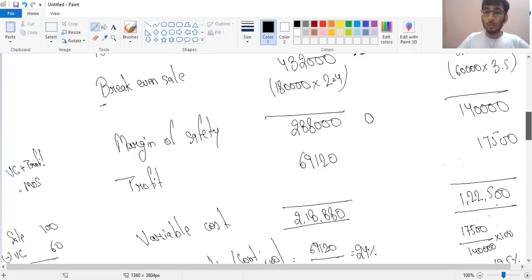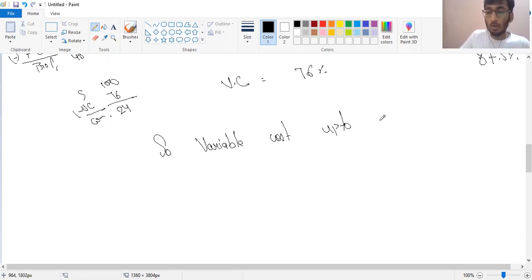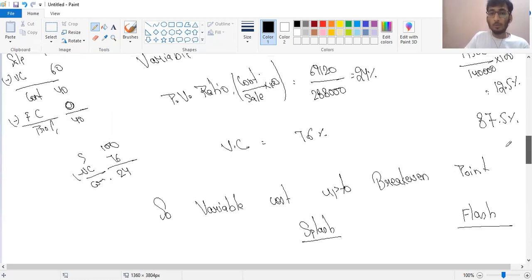So you can simply calculate now what would be the variable cost up to the break even point. Up to the break even point, we know that the variable cost ratio is 76%.